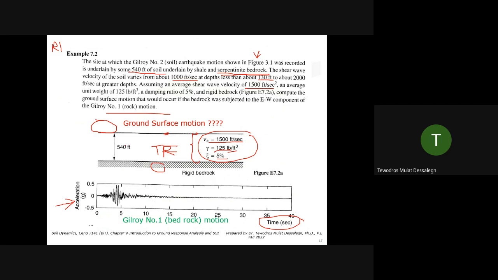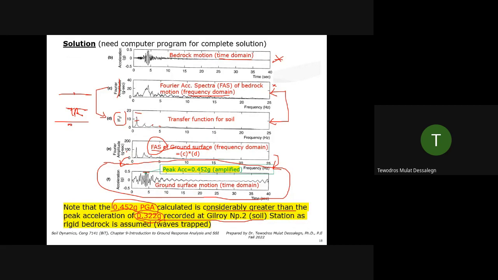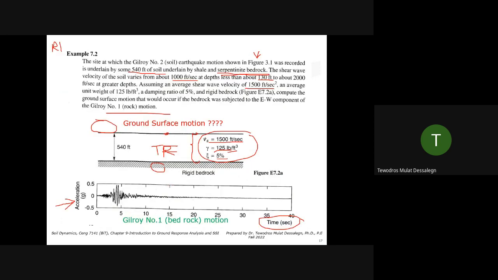So there is something wrong. Because at the ground surface they got 0.322 G, we get 0.45. That's like a 50% increase, right? So what happened? Assume the soil is perfect. The data from the soil investigation, the geotechnical engineers did a good job, so it's perfect. But there is something else.